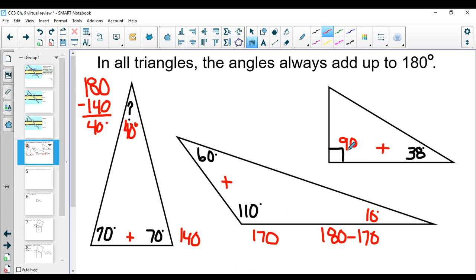So 90 plus 38 is 128. If I subtract that from the 180, borrow a 10 from the 80, 10 minus 8 is 2, 70 minus 20 is 50, and 100 minus the 100 is gone. So this is 52 degrees. You just add up the two angles that you already knew and then subtract that from 180 to get your third angle.